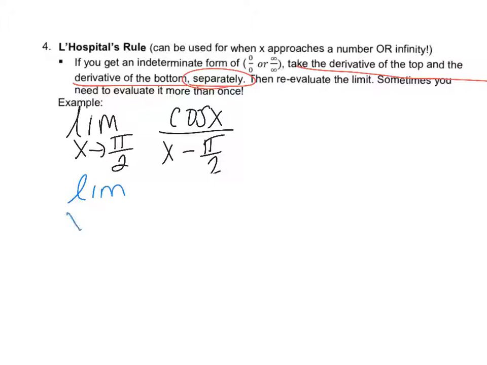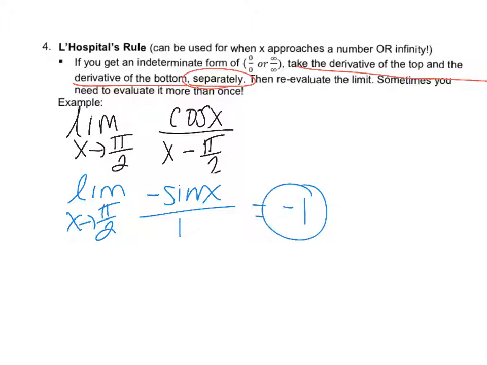The limit as x approaches pi over 2 stays the same. The derivative of cosine is negative sine of x. And the derivative of the bottom is the derivative of x, which is 1, minus 0 because that's just a constant. So now I have the limit as x approaches pi over 2 of negative sine of x. If I plug pi over 2 in now, sine of pi over 2 is 1, multiplied by the negative, so it's just negative 1.